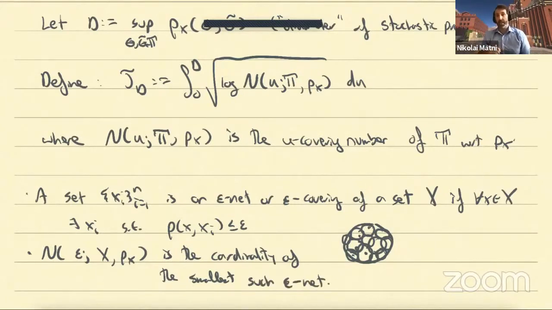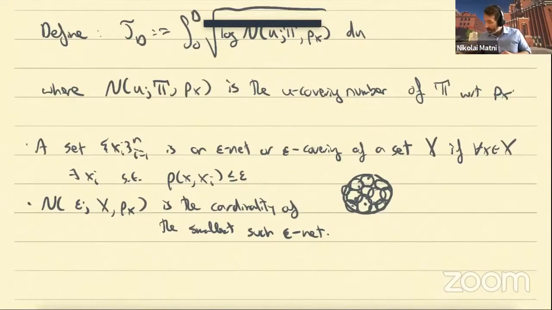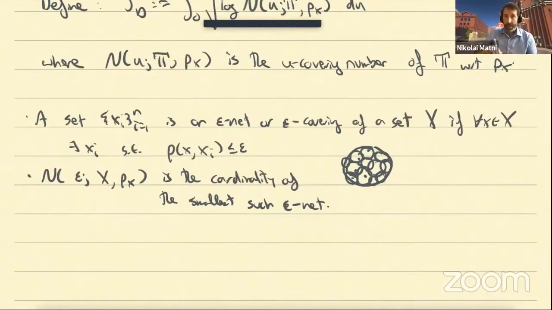Right, so this is essentially a measure of how big my space is relative to this metric rho x. And it's captured by how finely I need to discretize things to get epsilon accuracy. Okay, so that's the definition, which we need to be able to parse this expression.